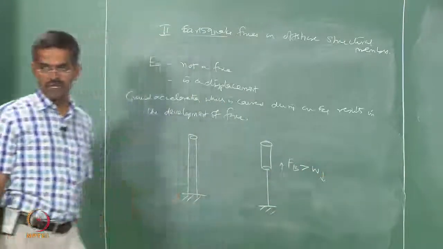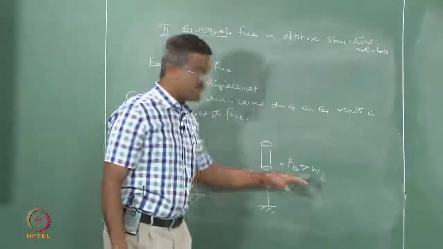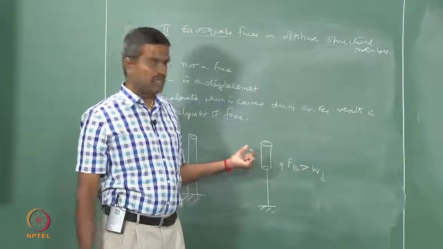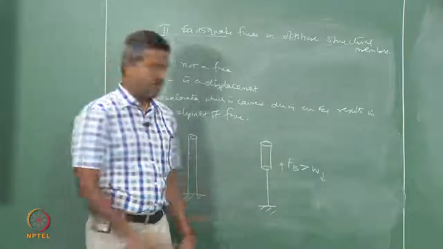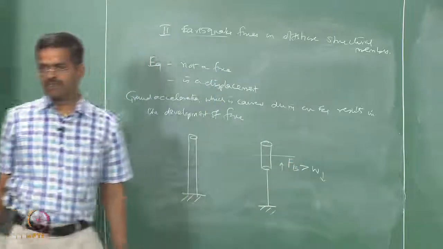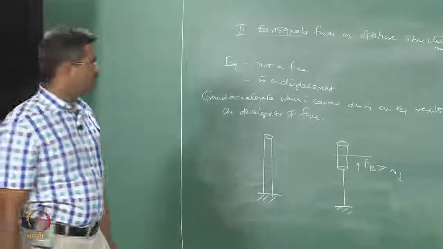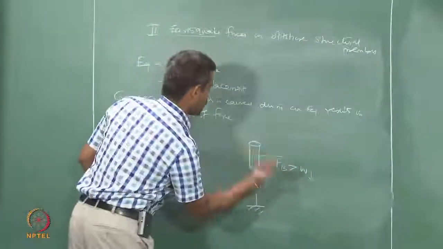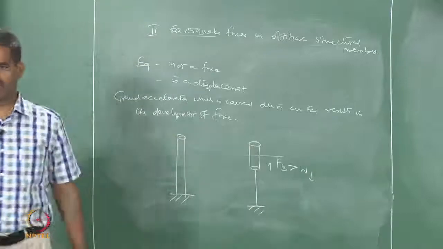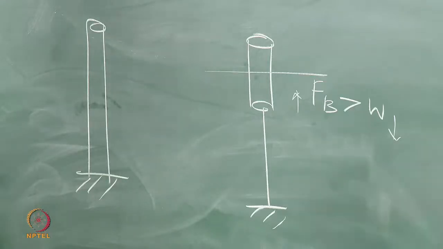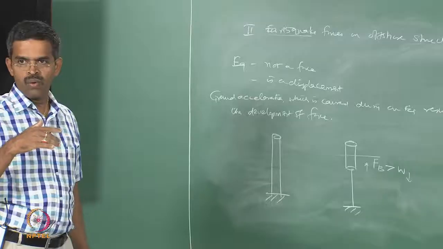So when the buoyancy exceeds the weight of the system, obviously there is always an upward motion given to the body when it is put in water, maybe it is partially immersed. Of course the buoyancy force depends upon the circumferential area of immersion and the depth of immersion, what we call as design draft. It immerses, therefore it pushes the body because weight is very low.